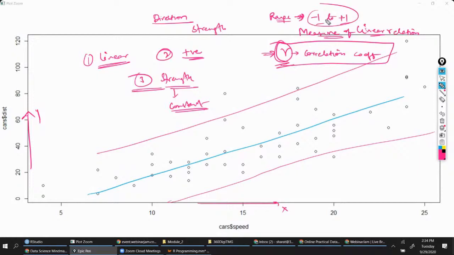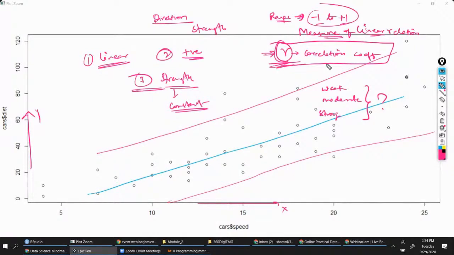But how do I interpret whether the relationship is weak, moderate, or strong using the small r value? We are quantifying it, fine, but there should be some limits, some buckets or intervals. So the correlation coefficient has a thumb rule.